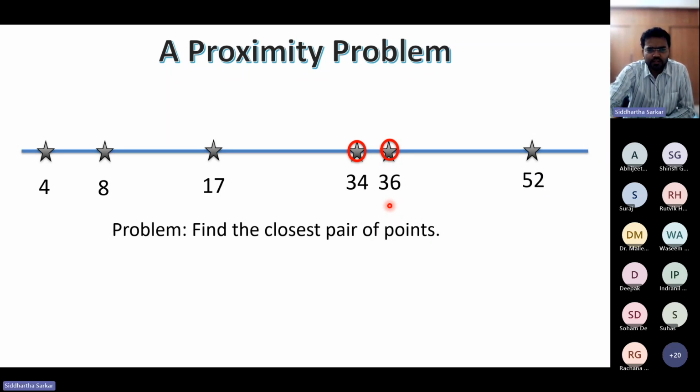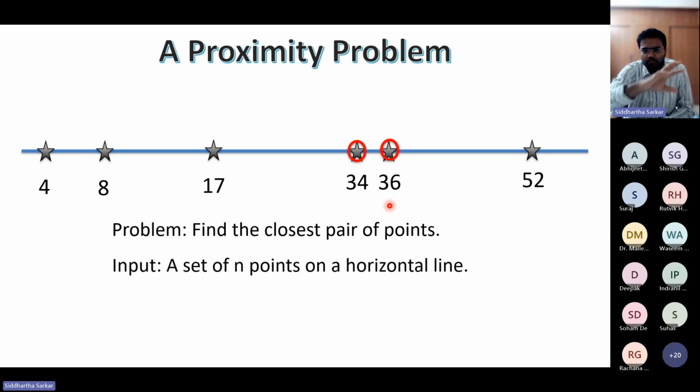So the question is that instead of a couple of points, if you're given a set of n points on the horizontal line, then how will you find the closest pair? A similar thing should work, only that now the number of comparisons will be in terms of n, isn't it?